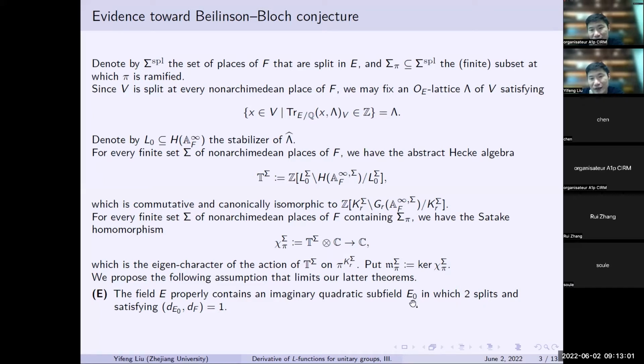So I want 2 to split in E0, and the discriminant of E0 should be coprime to the discriminant of the totally real subfield F. And these words properly imply that F cannot be Q. So somehow this is a technical constraint. We cannot deal with a non-compact unitary Shimura variety at this moment.